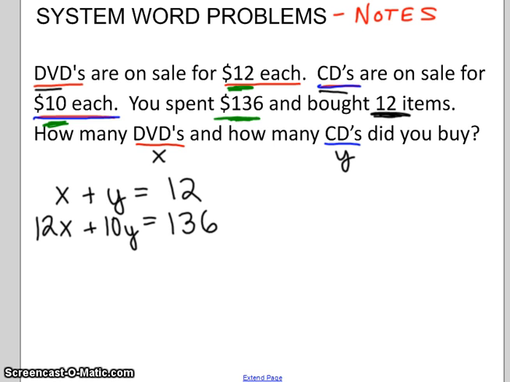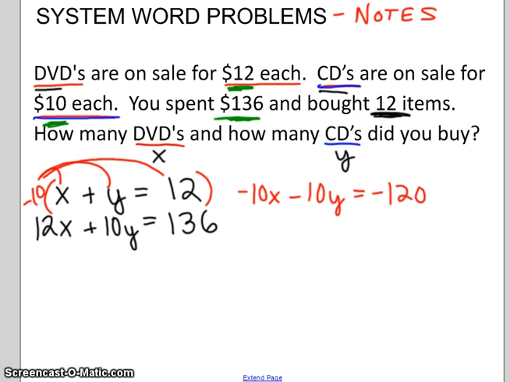Okay, so if I look at the first problem, I have x plus y equals 12. I'm going to change that so that one of them is either negative 12x or negative 10y. I'm going to multiply the first equation by negative 10 because it's smaller than 12, in hopes to eliminate the y's. So I get negative 10x minus 10y equals negative 120.